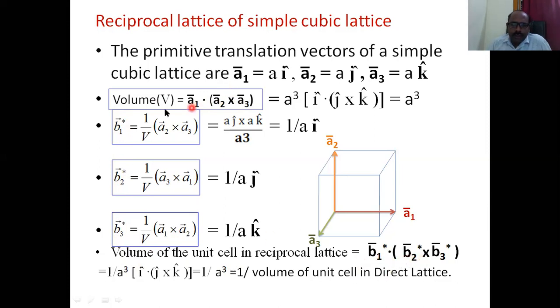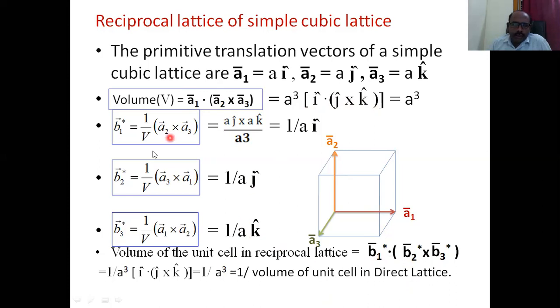It is very familiar, similar to this one, except for the base vectors. Now b1 star dot b2 star cross b3 star, we have to calculate this one. Similarly, here i dot j cross k is equal to 1. This product is 1.